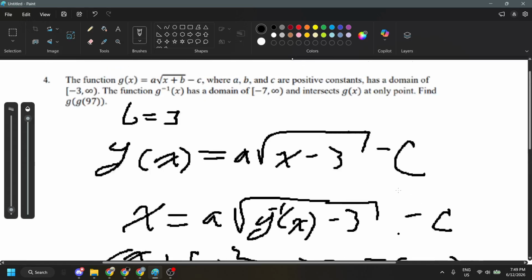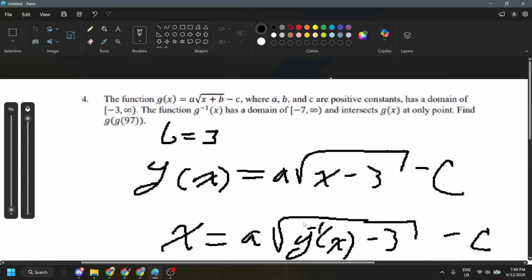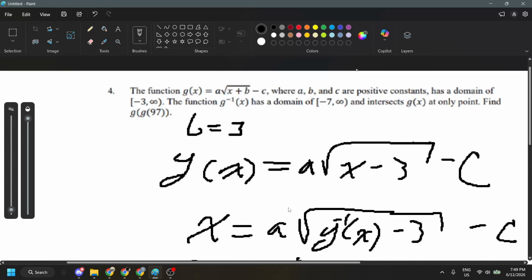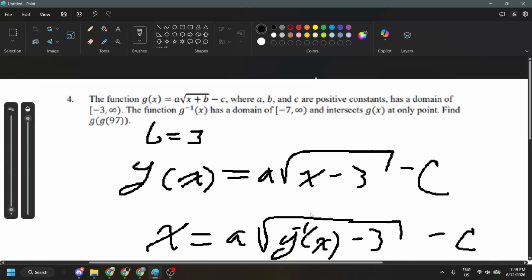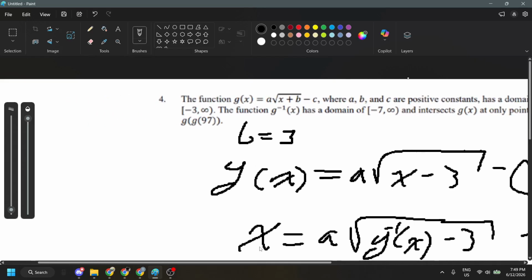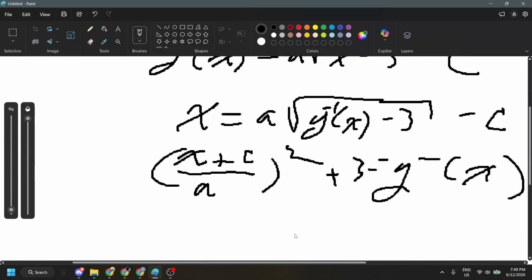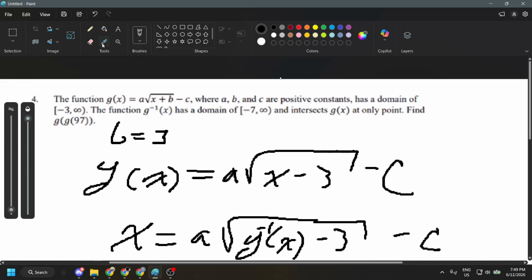Well, we know x is always greater than or equal to −3. So if we put that in here, I think that's saying that the range of g is −7 to infinity. So that would mean that c is −7.